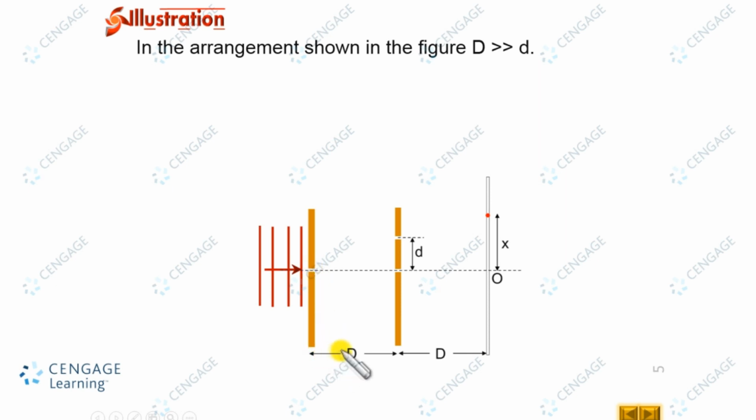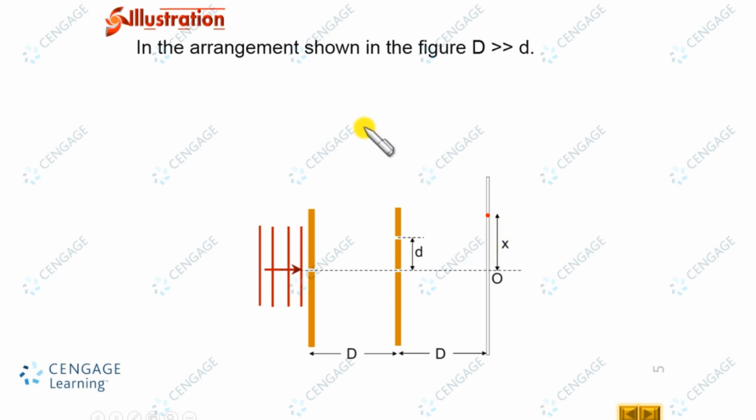At a distance capital D from this first screen, there is a second screen which has two openings at a distance small d apart, right? But you can observe here this second screen is not the standard case of the Young's double slit experiment, because these slits are not symmetrical with respect to this line. Okay, and you can observe there is one more screen, a third screen, at a further capital D distance from the second screen, right? And this point O is the point where this dotted line meets the third screen, and the x distance is measured from point O, right, from the center of the third screen.